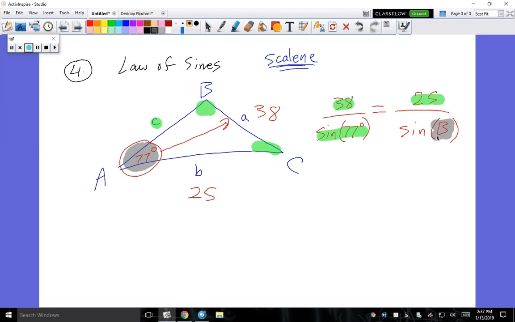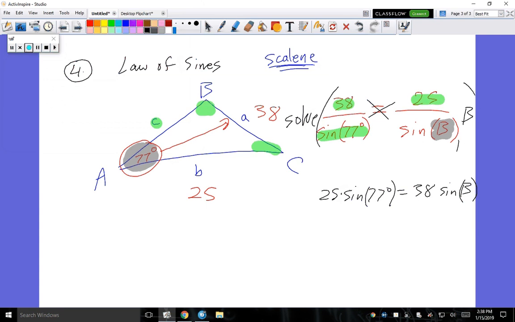So, now we know we can cross multiply and divide. A lot of you are choosing that, but for efficiency reasons, instead of doing this, and then dividing both sides by 38, and taking the arc sine, we can just use the solve feature right here and do comma B, because that's what we're looking for.